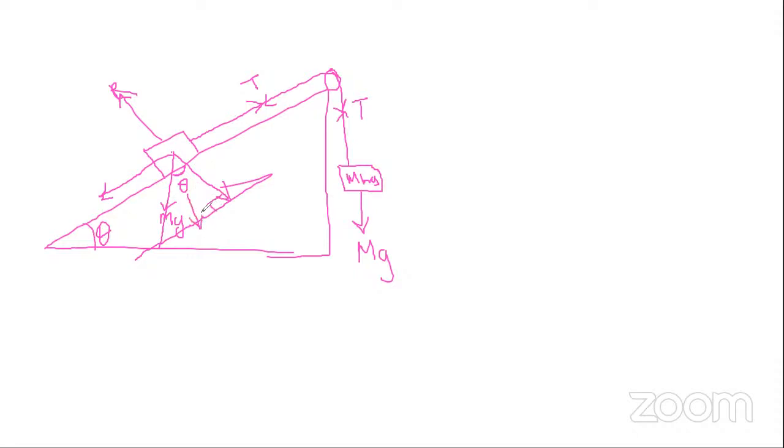This side becomes the side opposite the angle, and opposite is sine, so this would be mg sine theta. The adjacent is mg cos theta.